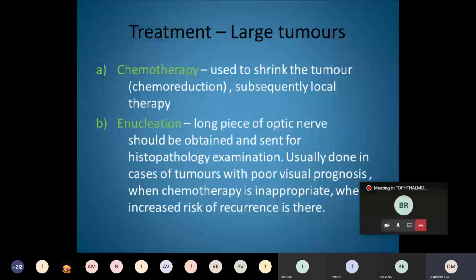Chemotherapy is used to shrink the tumor, called chemoreduction, followed by local therapy. The first option for large tumors is again enucleation. Here, a large piece of optic nerve should be obtained and sent for histopathology examination, usually done in tumors with poor visual prognosis when chemotherapy is inappropriate and when there is an increased risk of recurrence.